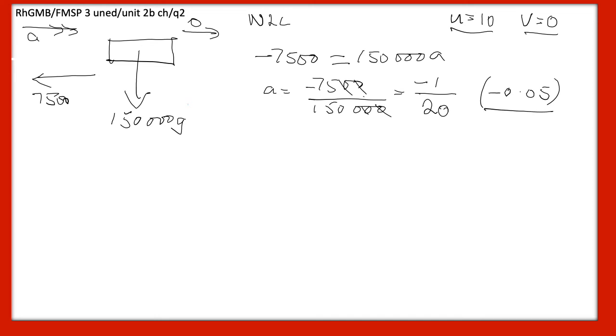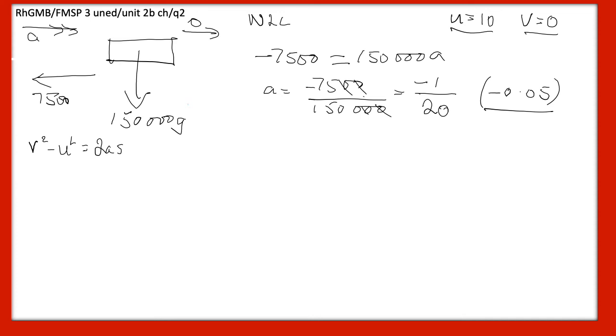I've now got acceleration. I want to find distance, and the obvious one to connect those is that v squared minus u squared is equal to 2as. And I am going to stick with s.